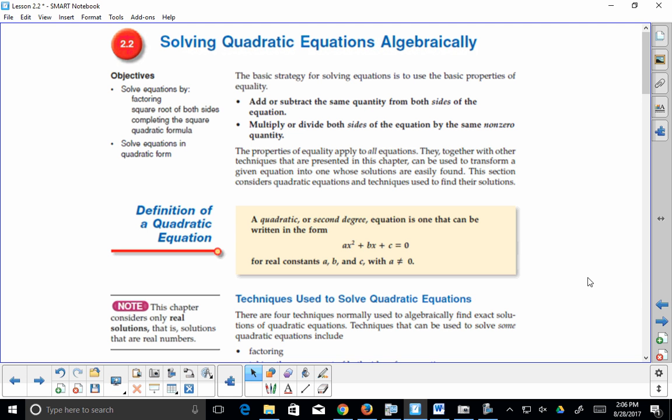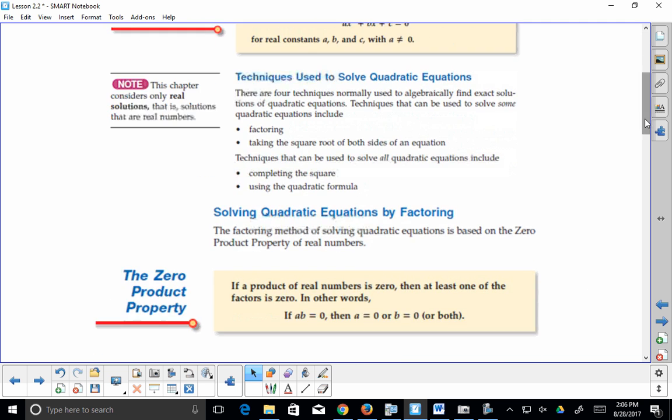Unless we are completing the square, we want it written in that form, so that it is equal to 0 and we know the exact values of a, b, and c for the different techniques we're going to use: factoring, taking square roots of both sides, completing the square, or using the quadratic formula.